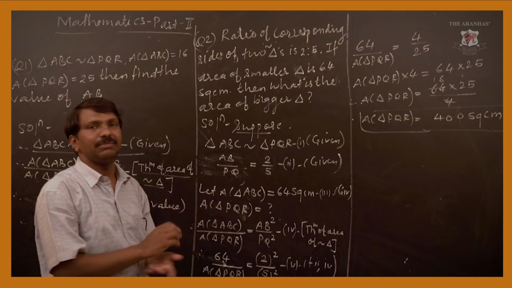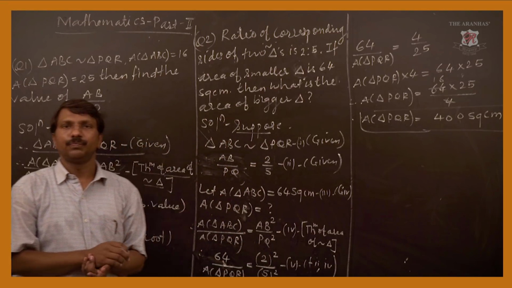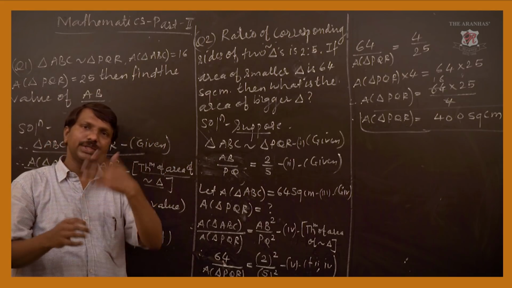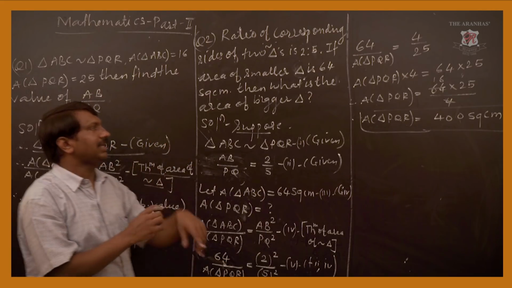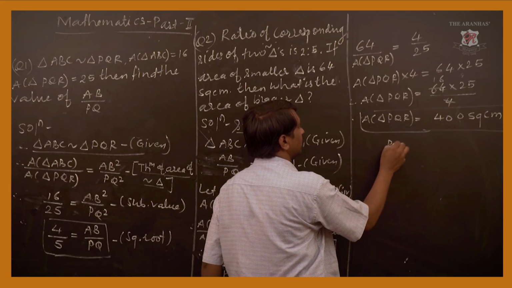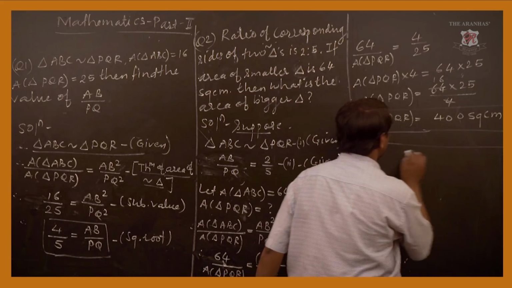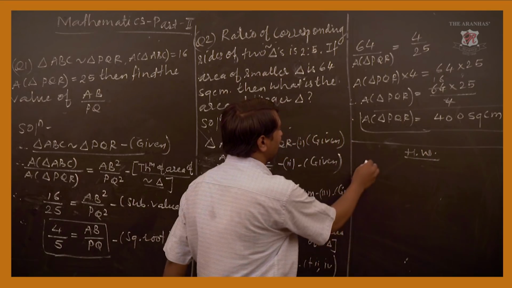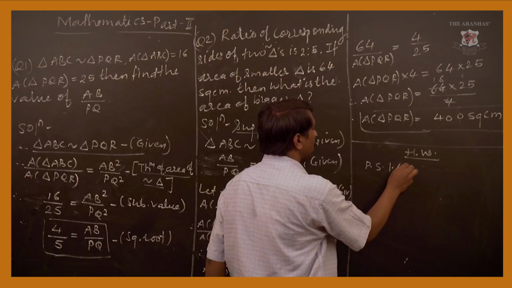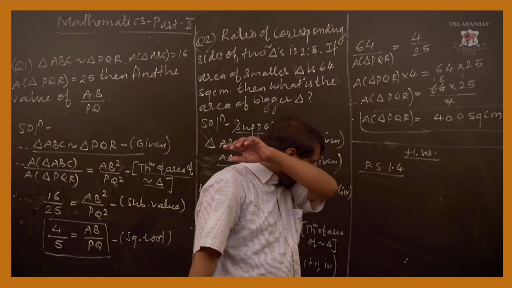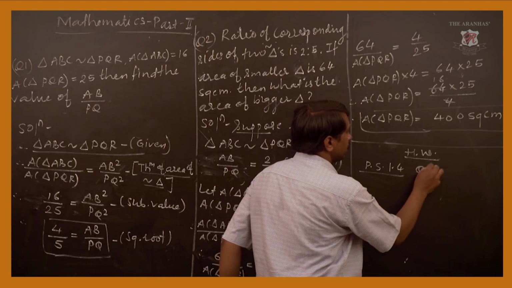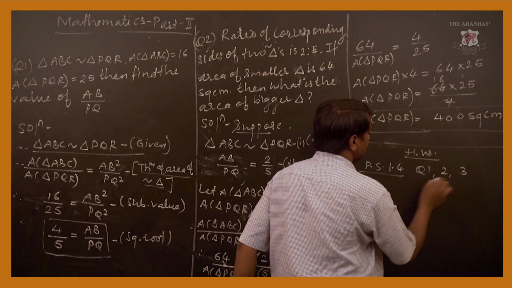Because of the time, we will stop our lecture here today. You can practice some examples as homework, which I will mention. This is the homework from practice set 1.4. You can try question number 1, question number 2 and question number 3.